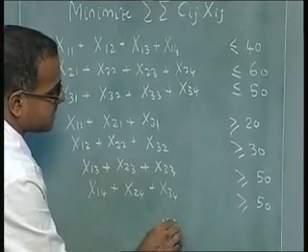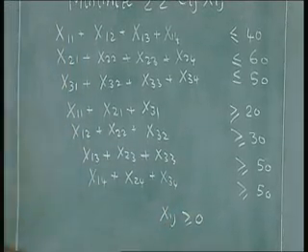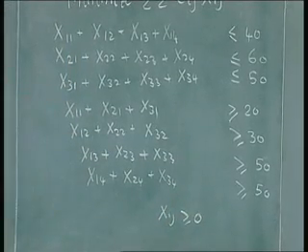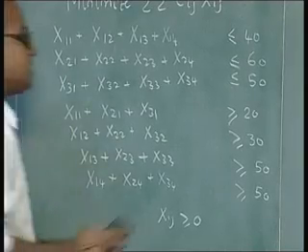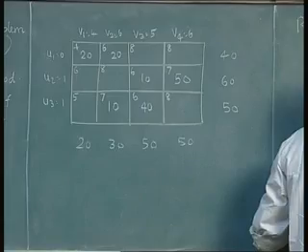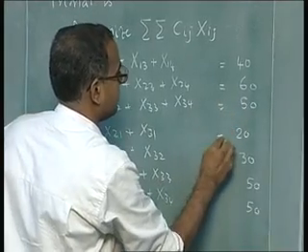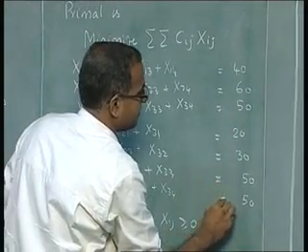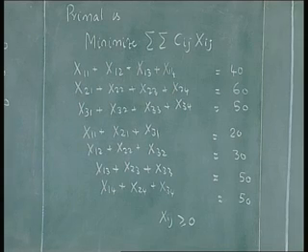We have xij greater than or equal to 0. Now because we are solving a balanced transportation problem, all these inequalities now become equations. So we have all equal to this, and we have sigma ai equal to sigma bj.